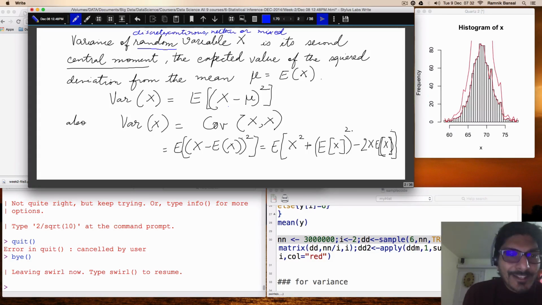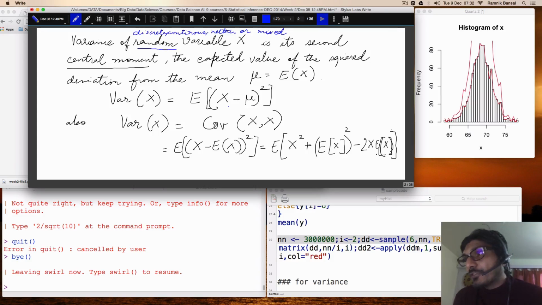Because once you have an expected value, that's one constant, right? So that constant, further expectation of that constant is anyways the constant. We have already seen this in the properties concept, right? So expected value of capital X will give me some value constant, right? Further expected value of that will anyways be a constant. So I can just say expected value of x the whole square minus 2 into x into expected value of x.